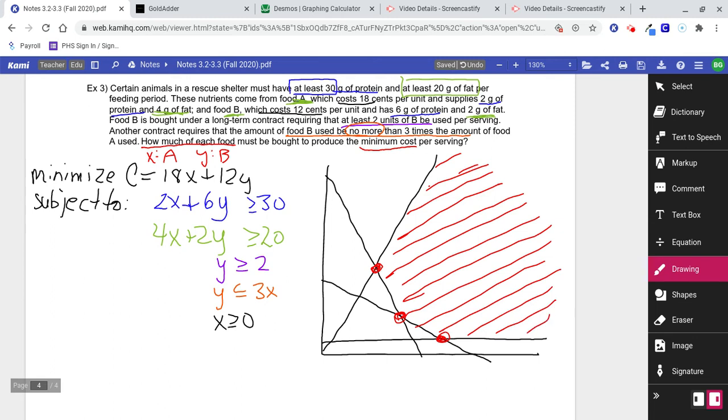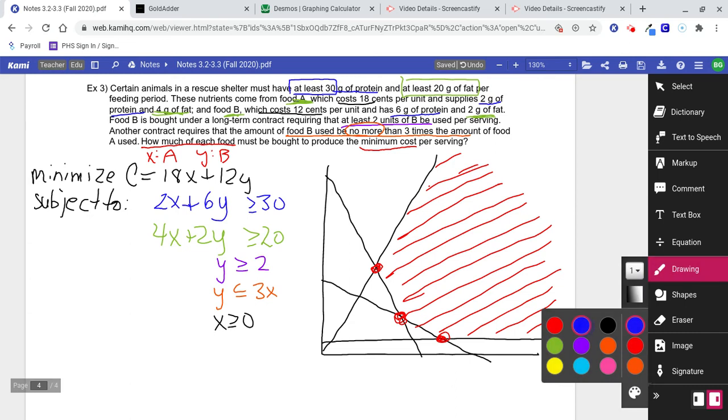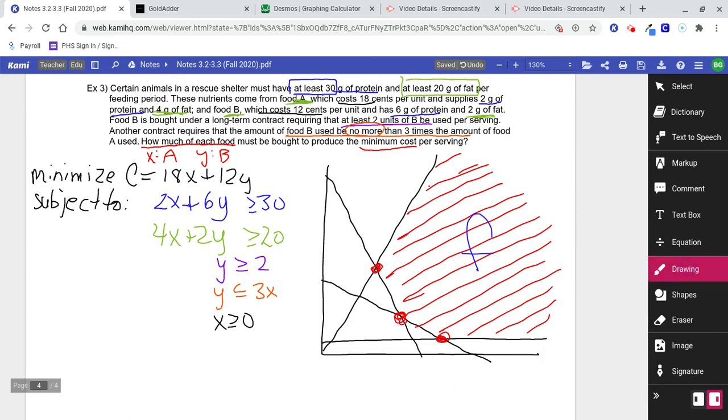I think that one's kind of hard to draw. But that's your feasible region.